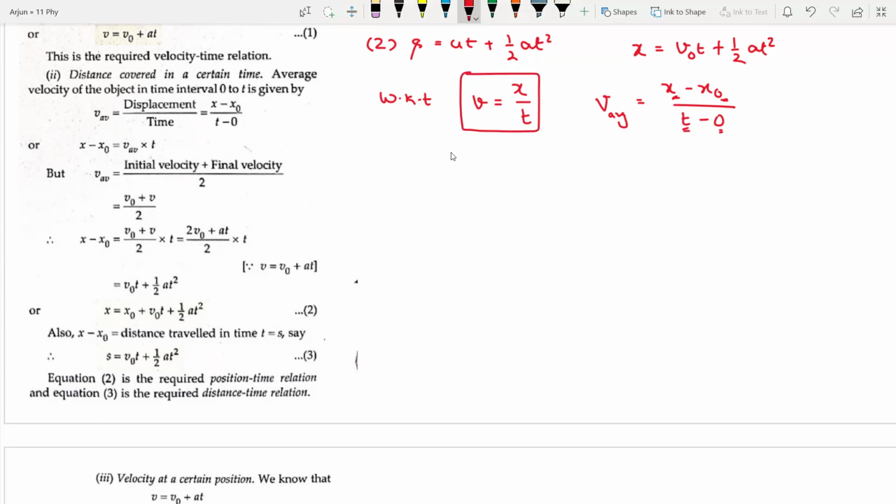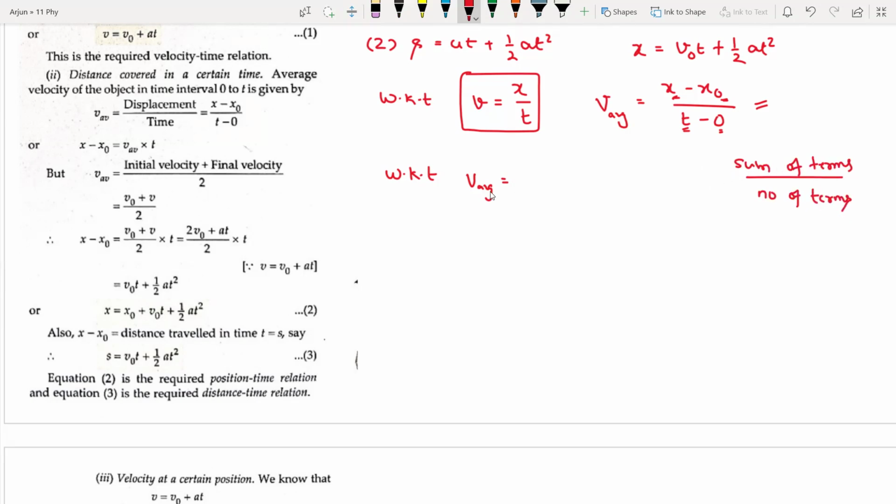That's more than enough. Now, another formula we know for average velocity, v avg: it is the sum of velocities by the number of velocities. In your examination, if they ask what is your average marks, what will you do? In mathematics also, sum of terms upon number of terms is the formula for average.